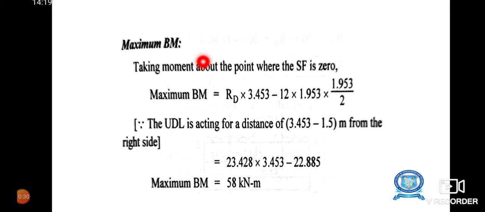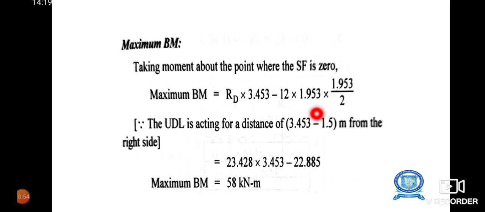Next, the maximum bending moment. We apply the x distance. The maximum bending moment is equal to RD into 3.453 minus 12 into 1.953 into 1.953 divided by 2.